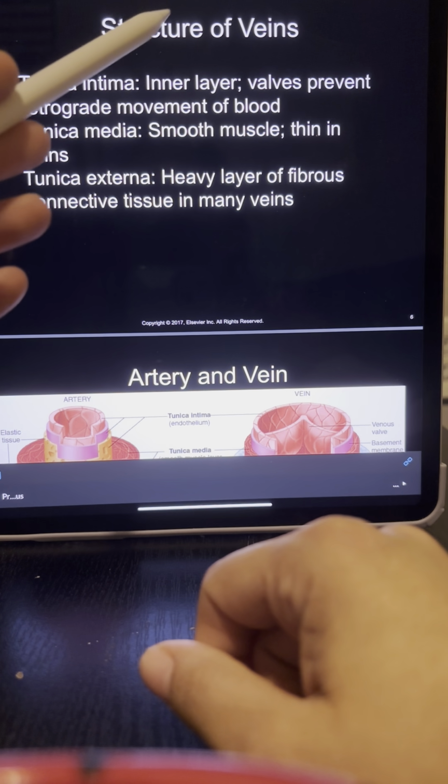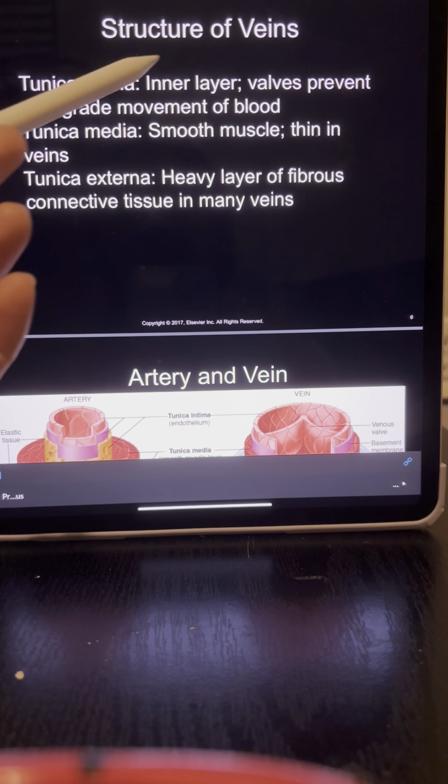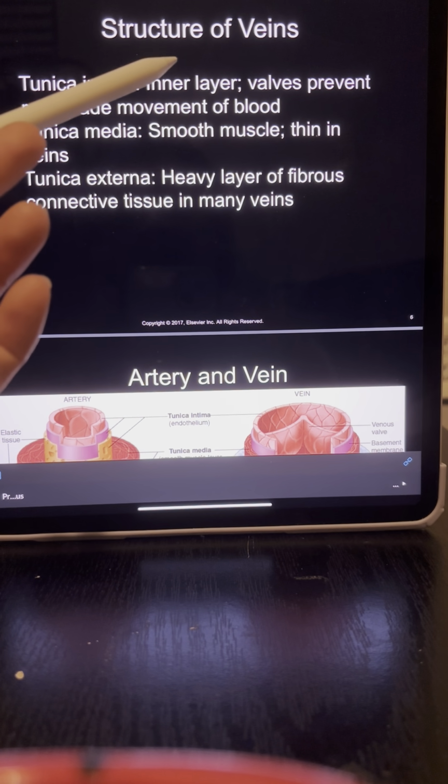So veins. Veins also have 3 layers. Tunica intima, again, the most inner layer. Now, veins have something that arteries don't, and they have valves. Because the heart pushes the blood, and because it's so forceful, there's a lot of pressure. That blood makes it all the way to the head and all the way down to the body.